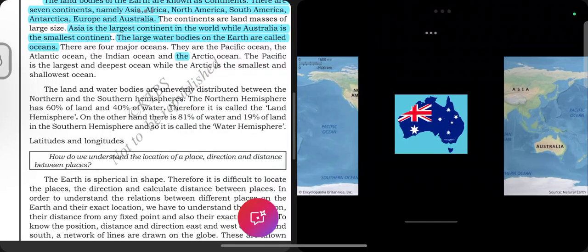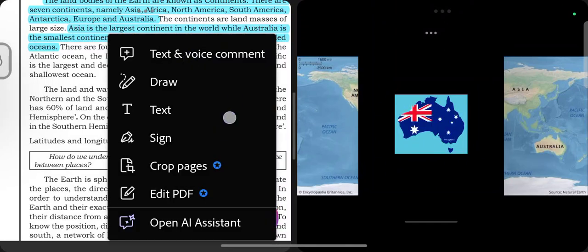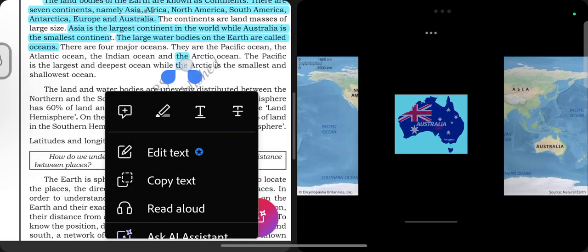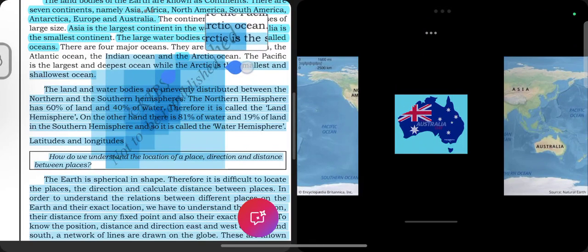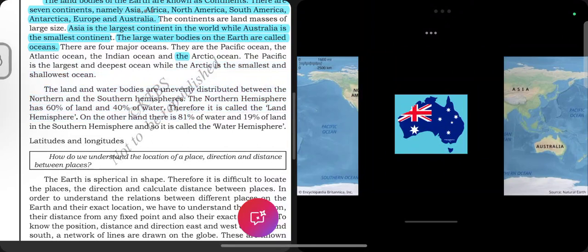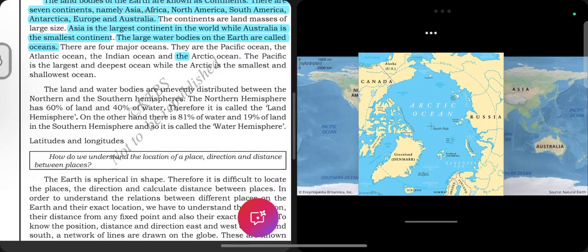Arctic Ocean, Pacific Ocean, Atlantic Ocean, and Indian Ocean.